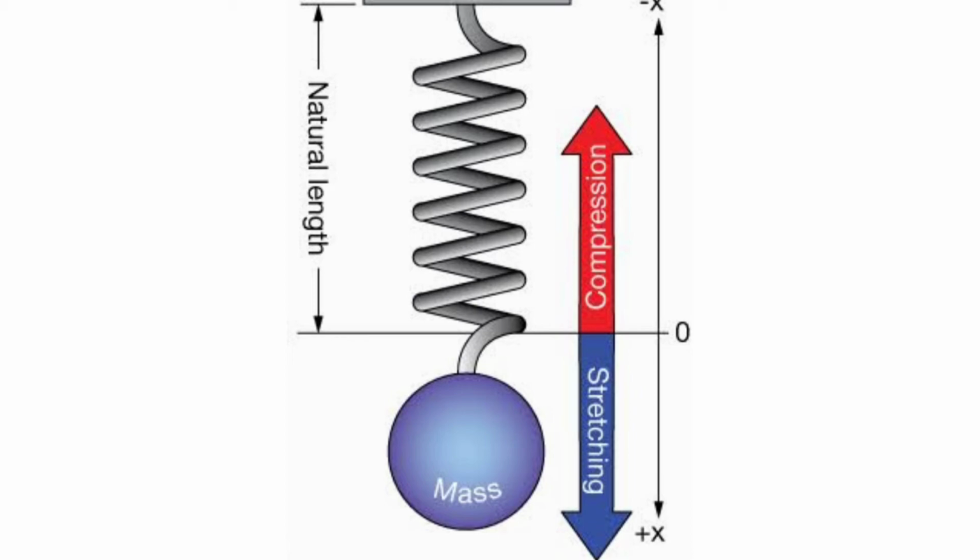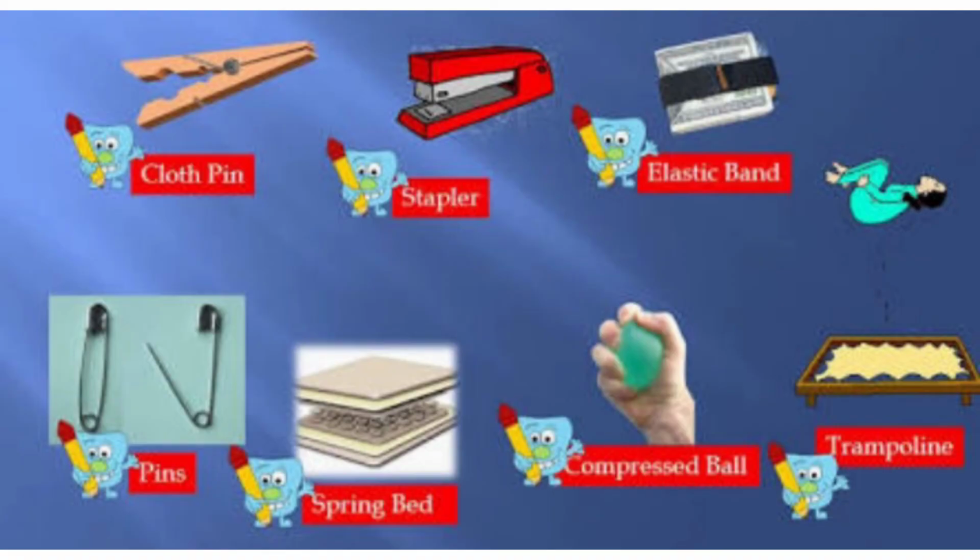Look here. From this picture, we know that the spring can both push the ball forward or pull it inward. We use some spring force in our everyday life. For example, clothes pin, safety pin, stapler, compressed ball, etc.